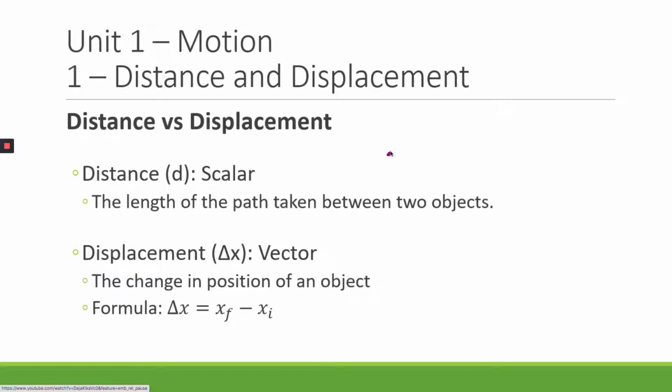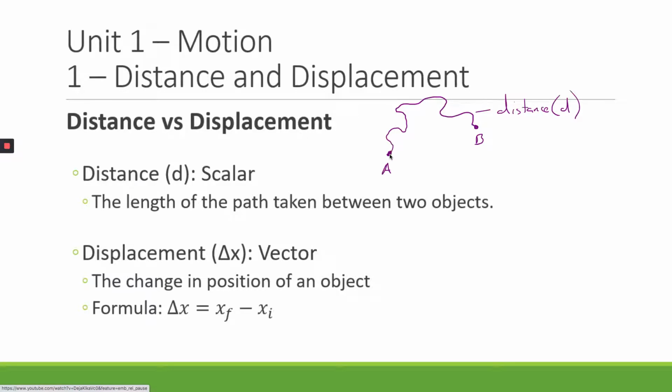So if I were to go from point A to point B, I could take whatever path I wanted, right? So the length of that path would be my distance. So if I were to walk that path to get from point A to point B, it would be distance, and that's a lowercase d.